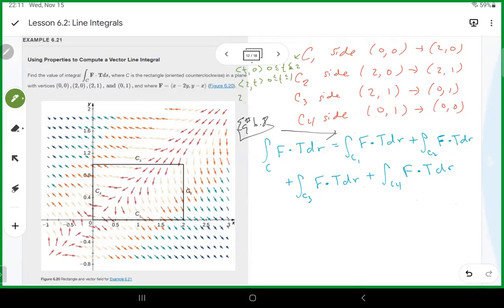And it's going to be 2 minus t, 1. That's going to be 0, t to 2. And then the last one's going to be 0 to 1 minus t. And it's going to be 0 to 1.